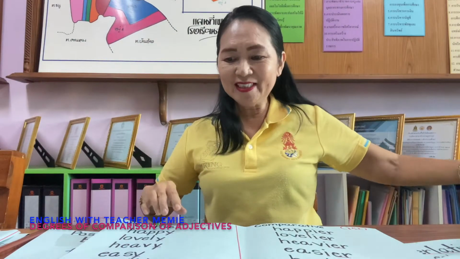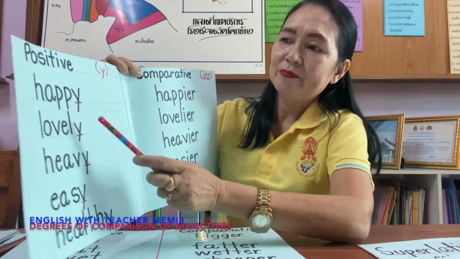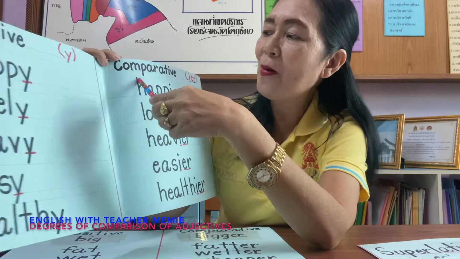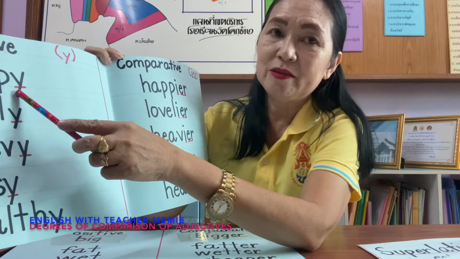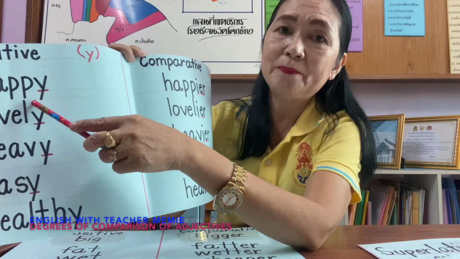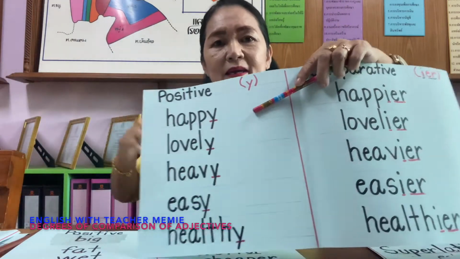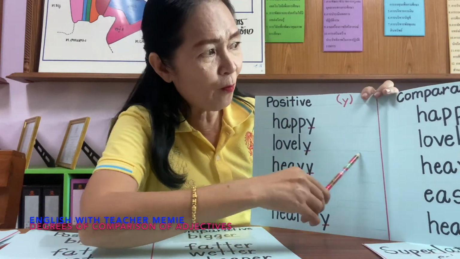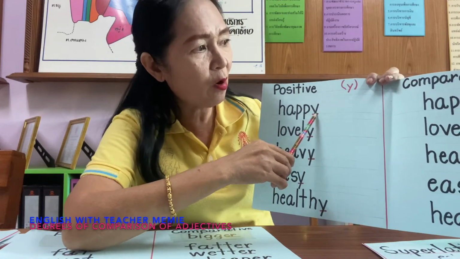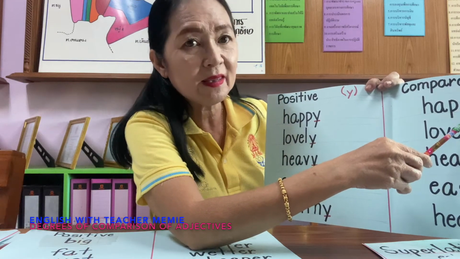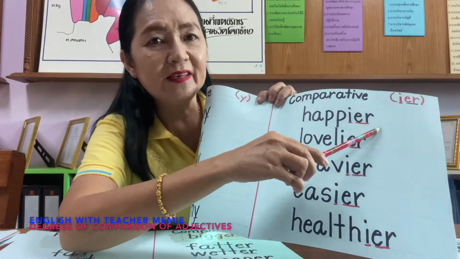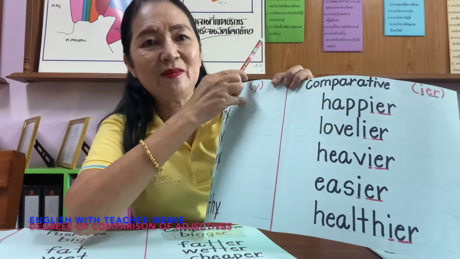Another example here, we have happy. In comparative, the last letter of the word happy is letter Y, and you change Y to I, then add ER.